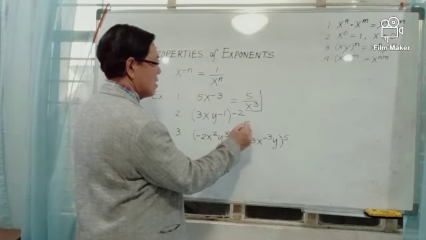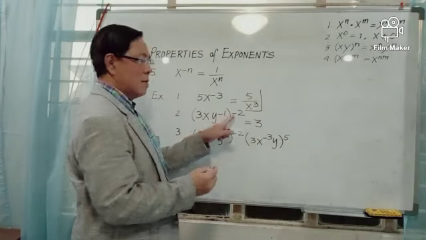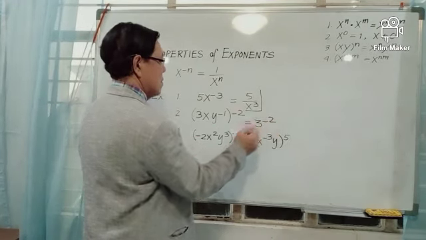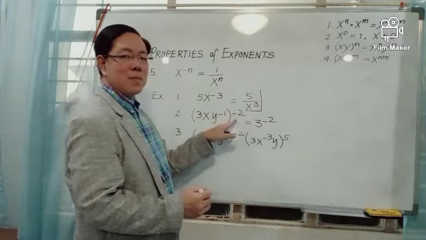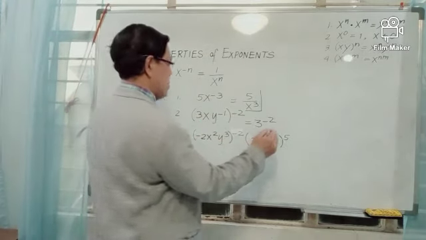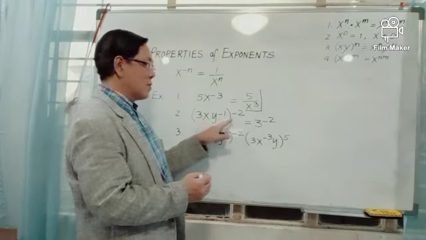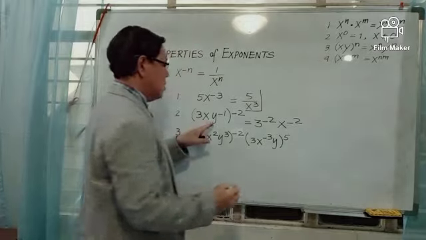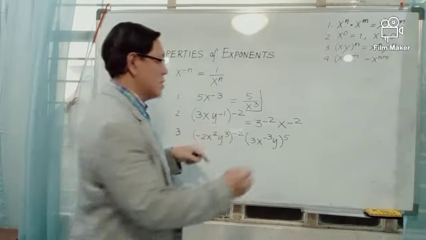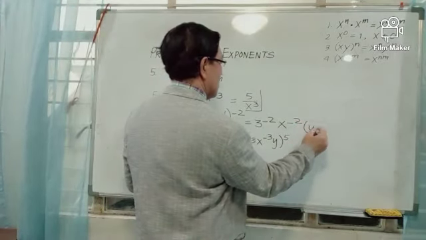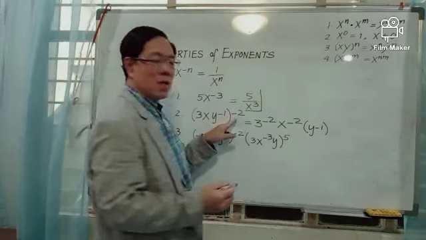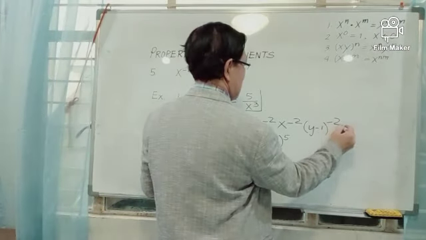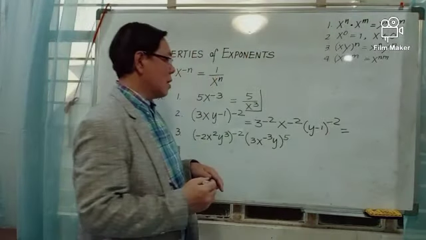And we get 3 raised to negative 2, x raised to negative 2, and y to the negative 1 raised to the power negative 2. And we simplify.